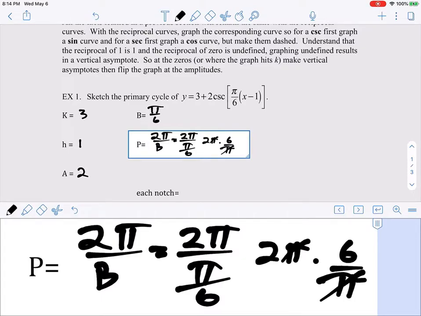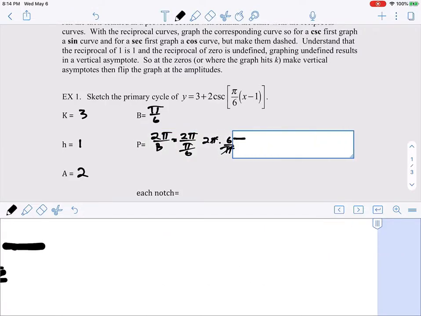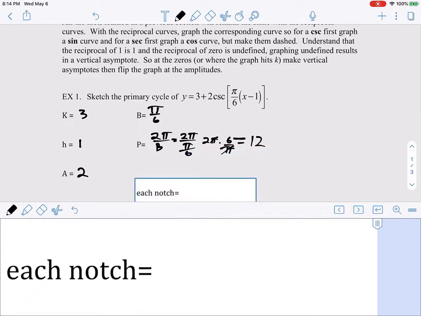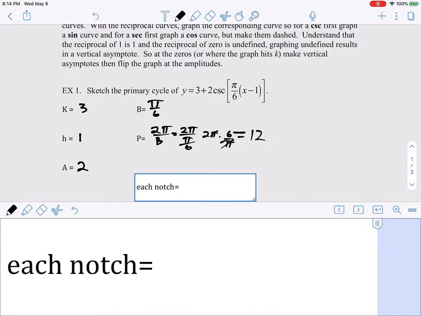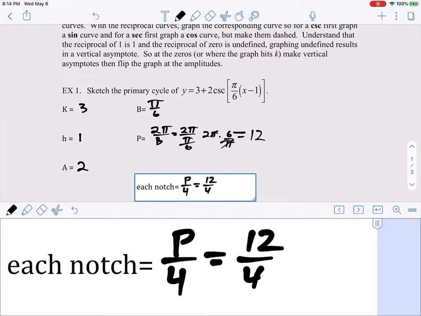And then that equals 12. Okay? Then I go to each notch, and that is my period divided by 4. So my period equals 12, so I've got 12 divided by 4, so I've got 3. Okay, that's the information I need to have to set up my graph.